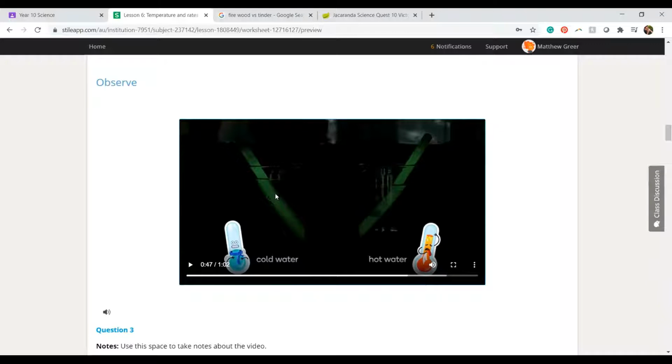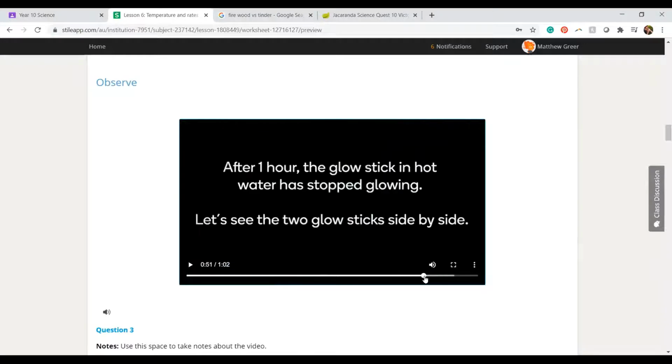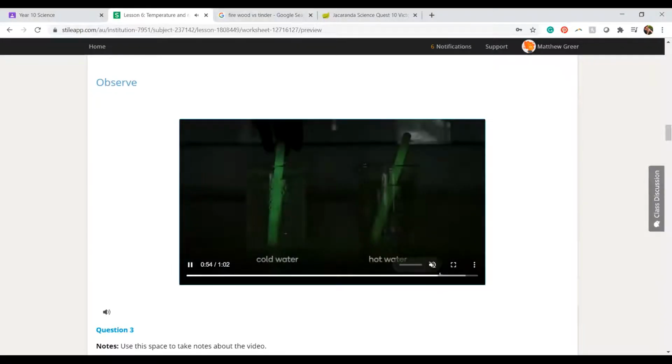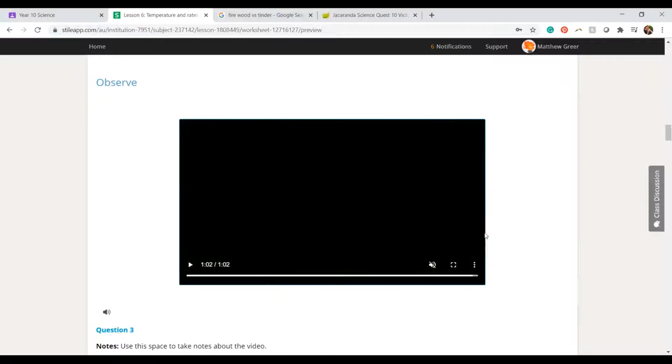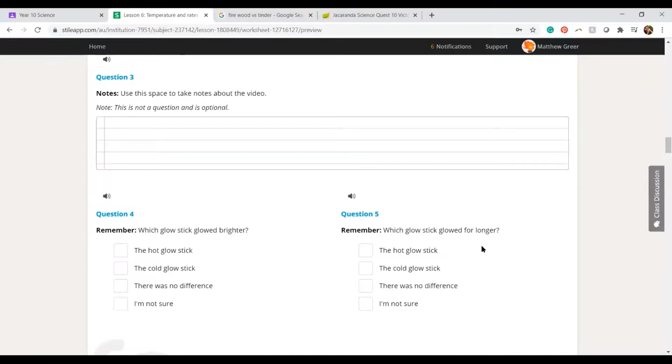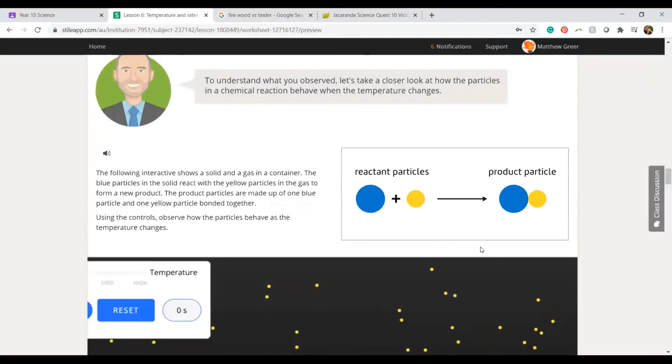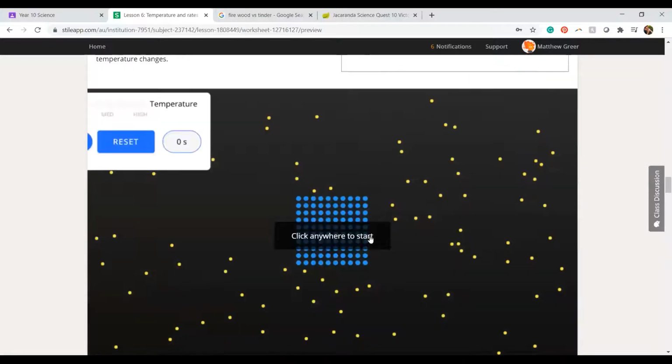And that's because its reaction is really, really slow, so it's still got some light coming out of it. If you don't believe me, you're like, oh, those look the same, sir. What they did is they moved the sticks side by side, and then you can see, yeah, the cold one is a little bit brighter. I would have left it a bit longer if I was doing this chemical reaction just to make it a bit clearer, but yeah.